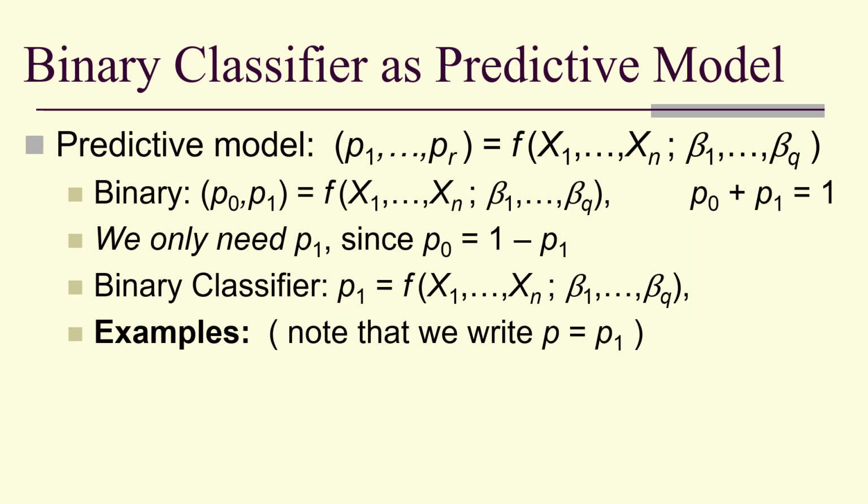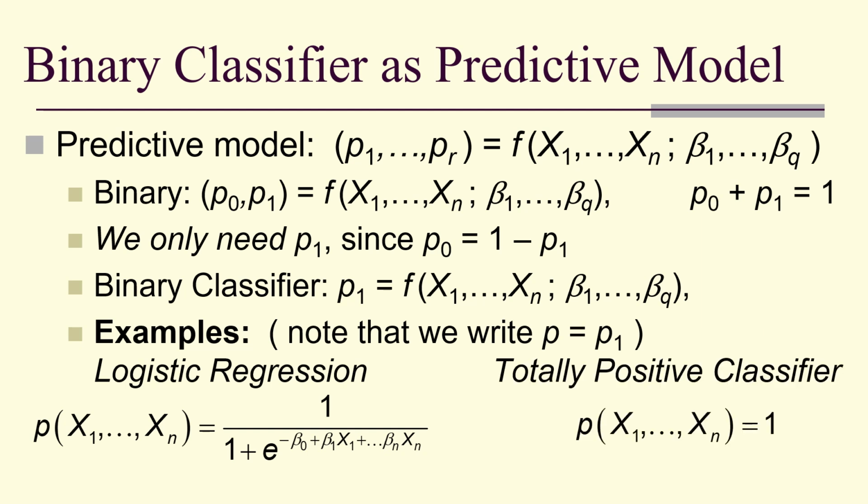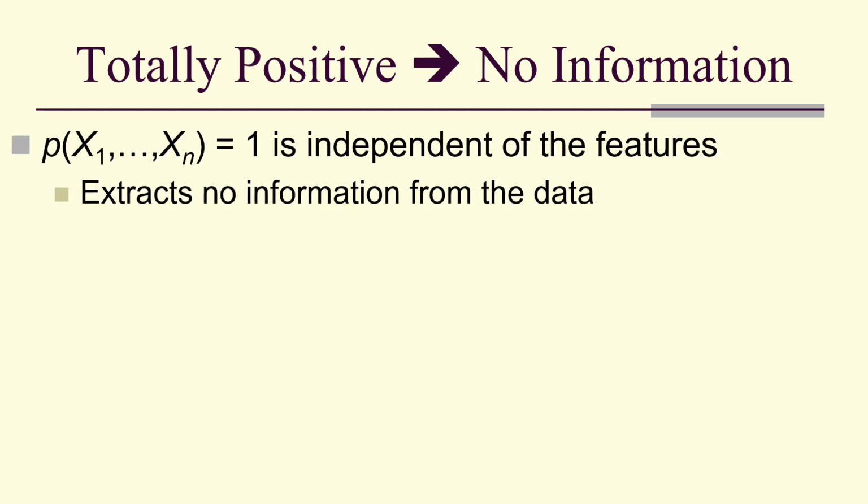And we often write P equals P1. Logistic regression, for example, is a binary classifier, as is the totally positive classifier. So totally positive means no information, independent of the features. The model extracts no information from the data.